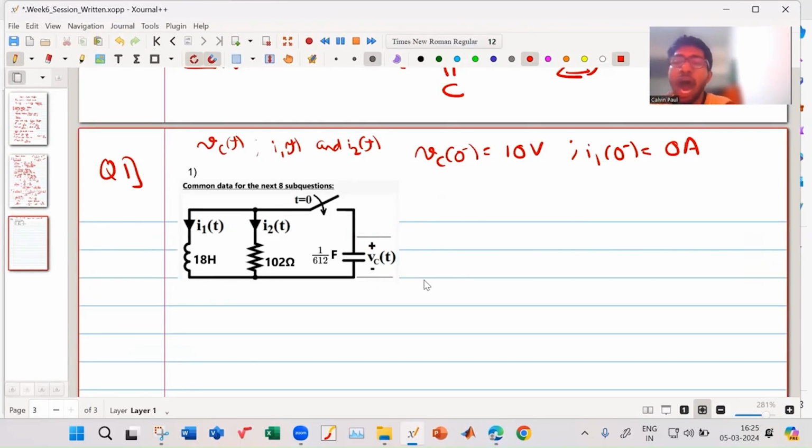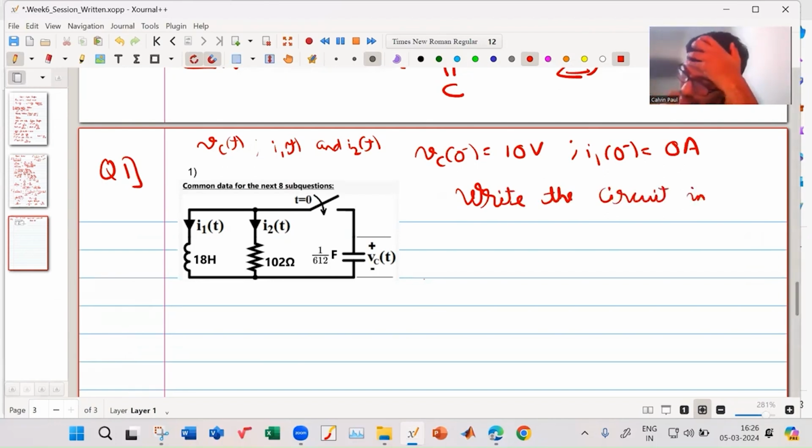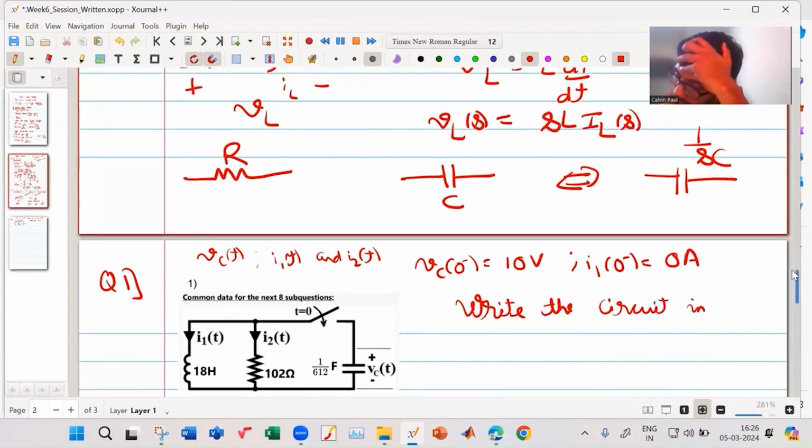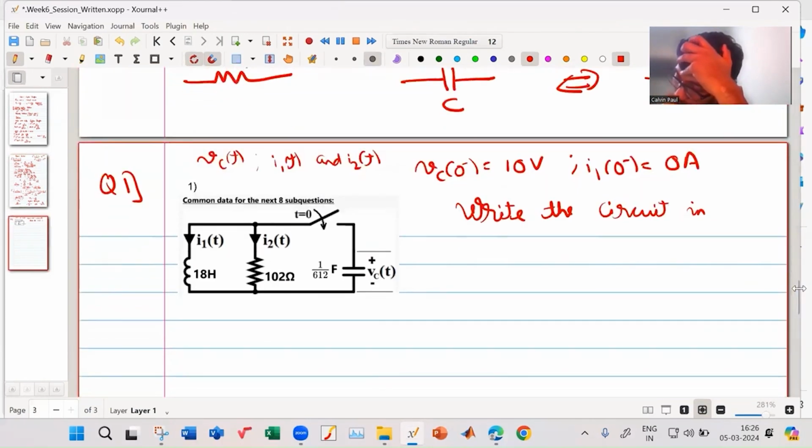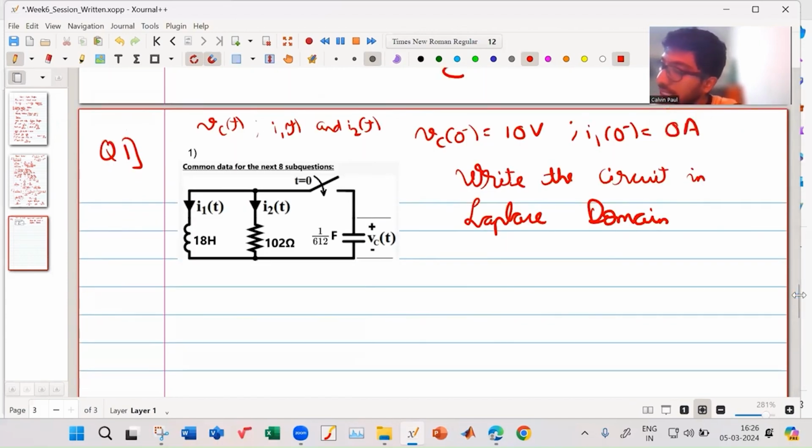We first write the circuit in Laplace domain. If I write the circuit in Laplace domain, what will I get?